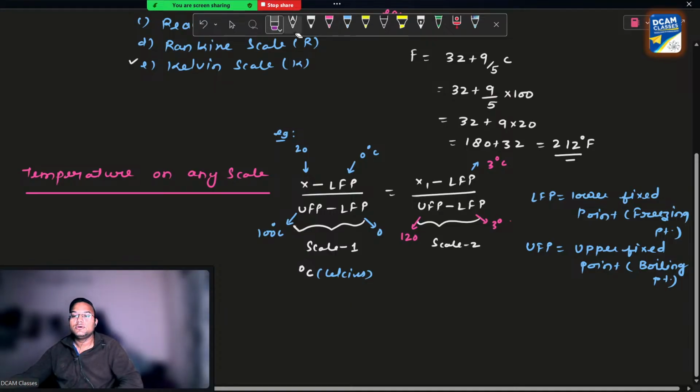We do not know whether it is in degrees Celsius or some other scale, but according to this new scale, you'll get the value of the temperature. The value of x1 that you calculate gives what temperature 20 degrees Celsius corresponds to on the new scale. Understood? This only you were telling, no?